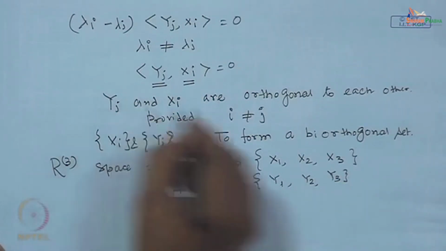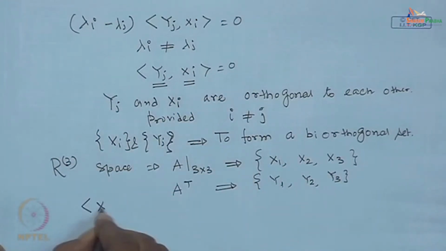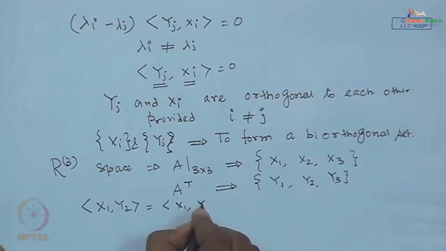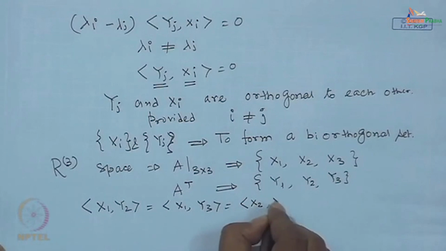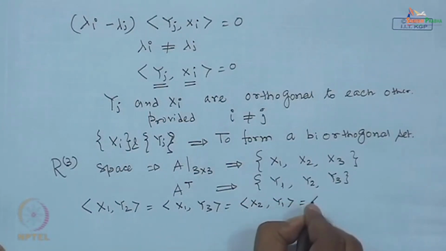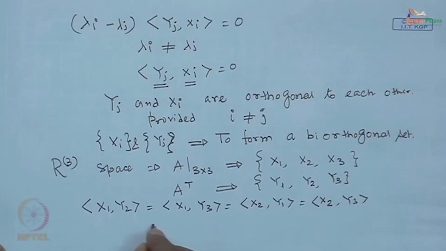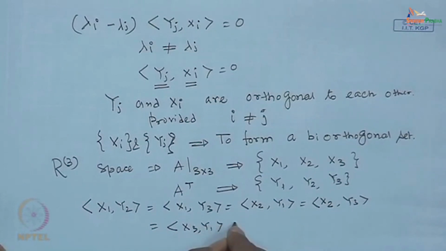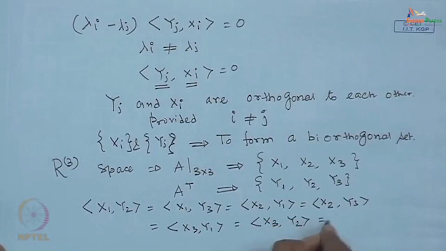Then by using this theorem, one can say that inner product of x 1 and y 2 is equal to inner product of x 1 and y 3 is equal to inner product of x 2 and y 1 is equal to inner product of x 2 and y 3 is equal to inner product of x 3 and y 1 is equal to inner product of x 3 and y 2 is equal to 0.